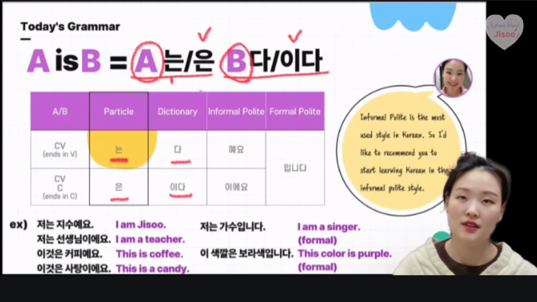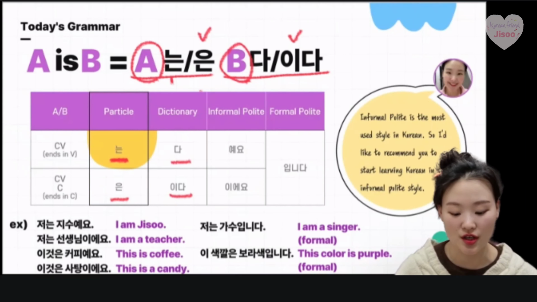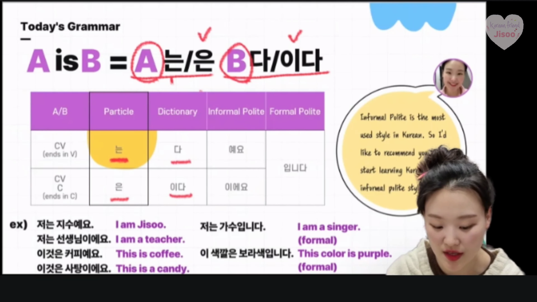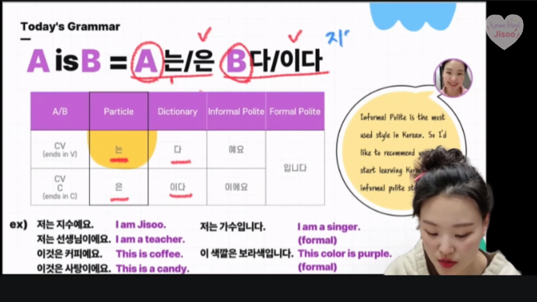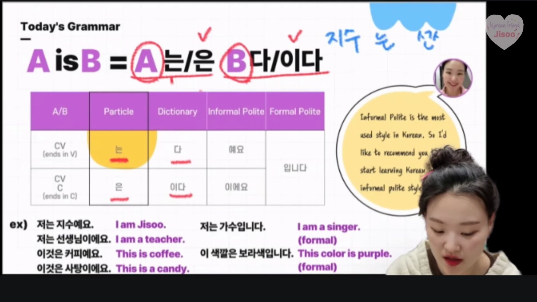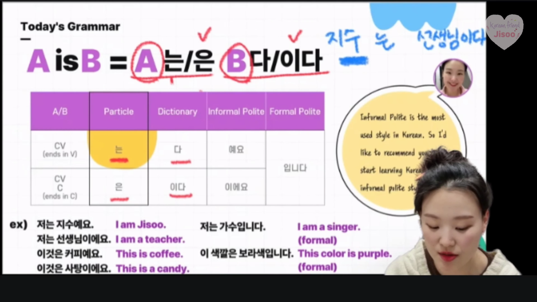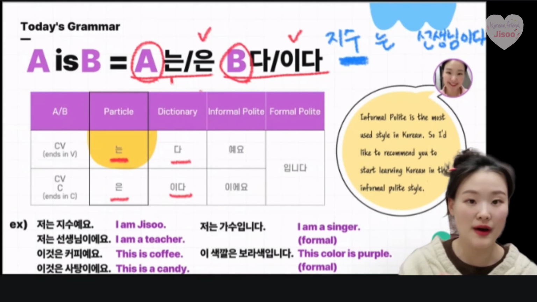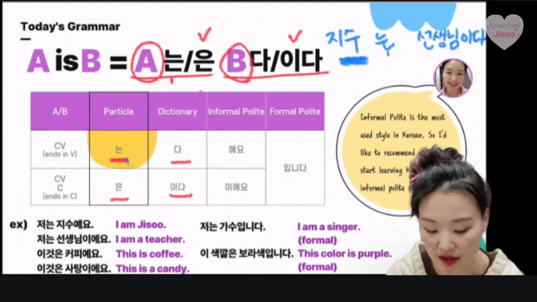So I'll give you an example. Let's say Jisoo is a teacher. Then in Korean, you can say, I'm gonna write it in blue, 지수는 선생님이다. You see, as Jisoo has no bottom consonant, it ends with a vowel, so I put 는 here.